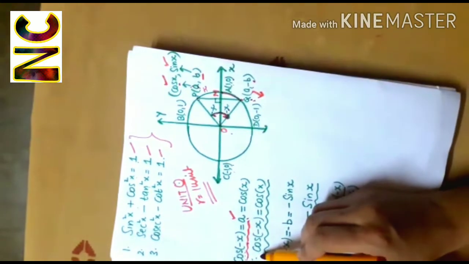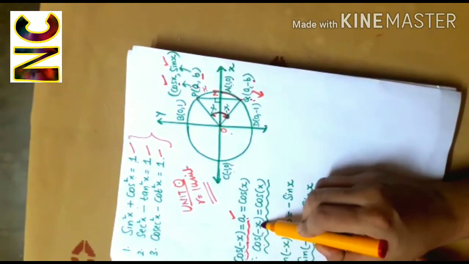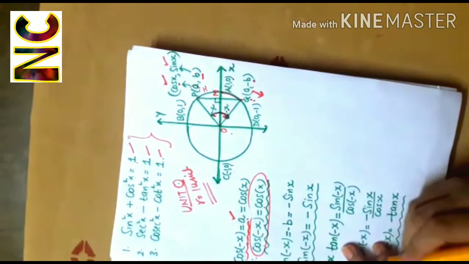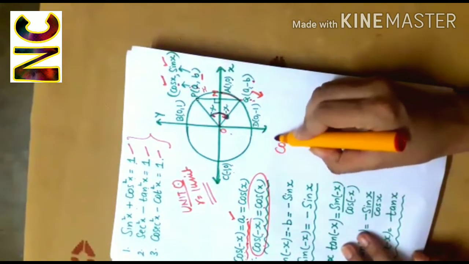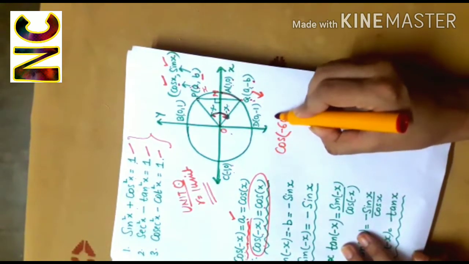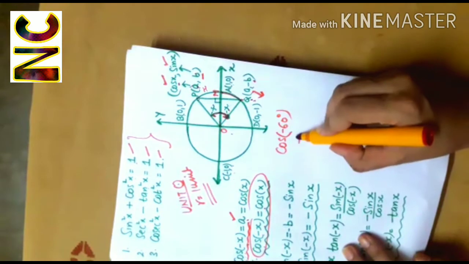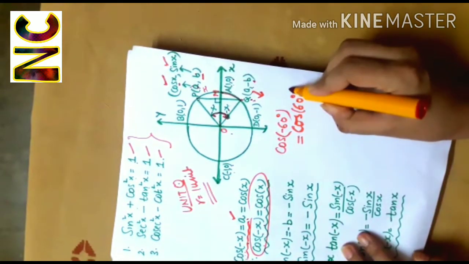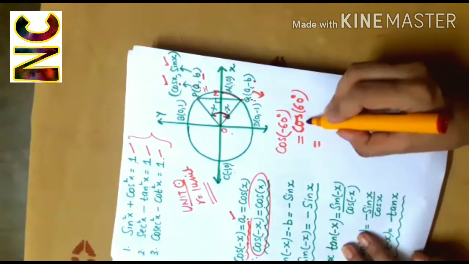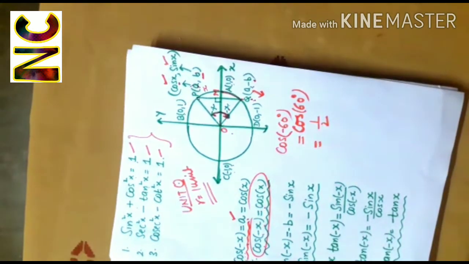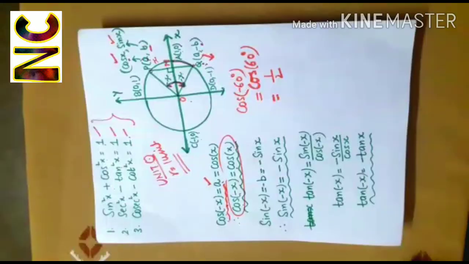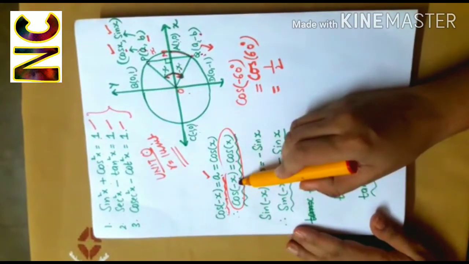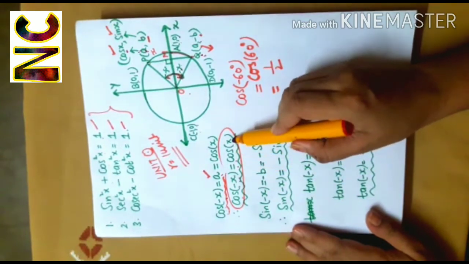So we get cos of minus x is equal to cos x. That means if I have to compute cos of minus 60 degree, then by this result it will be equal to cos 60 degree. That is, it will be 1 by 2, right? So cos of minus x is equal to cos x.